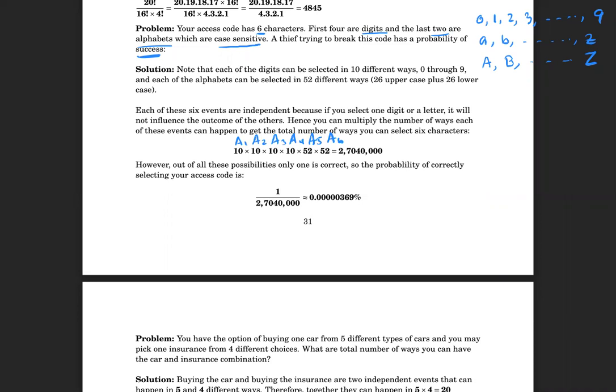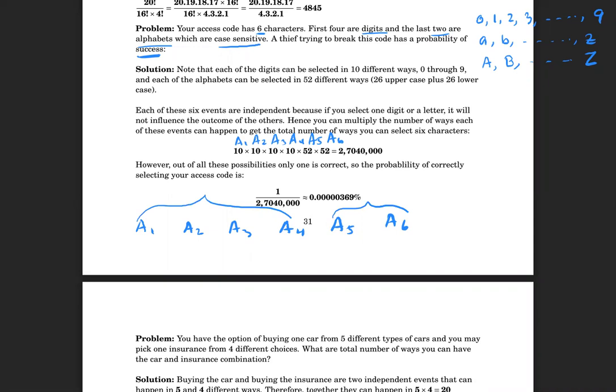The first 4 are selecting a digit. The last 2 are selecting an alphabet.